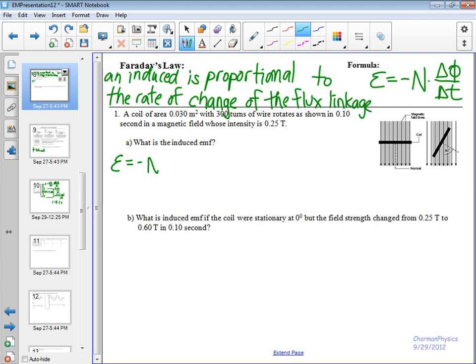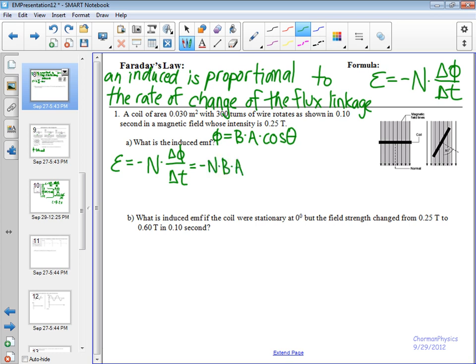So remember here, the EMF is going to be equal to negative N times delta phi all over delta t. Remember that any of these variables can change. What we're dealing with here, we're going to keep everything constant except for one variable. The only variable that is going to be changing here is theta, so we'll be looking at this as the change in theta in the end, keeping everything else constant.